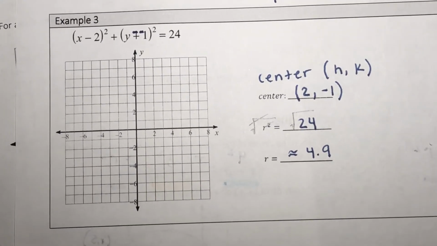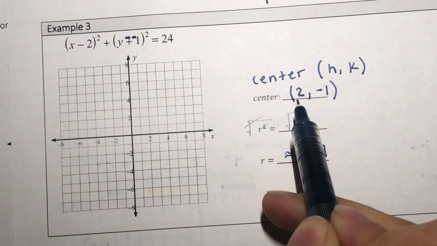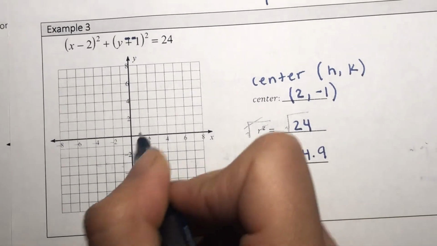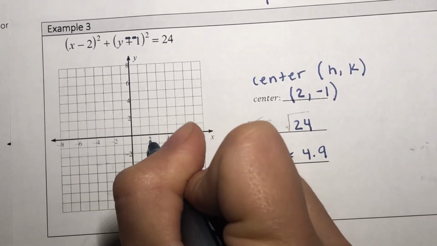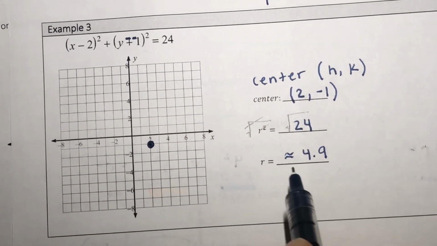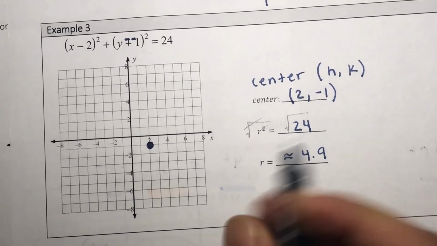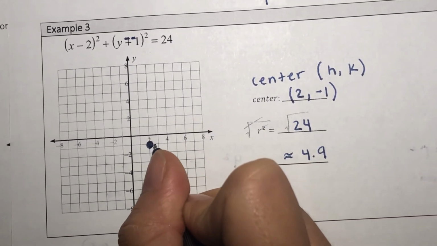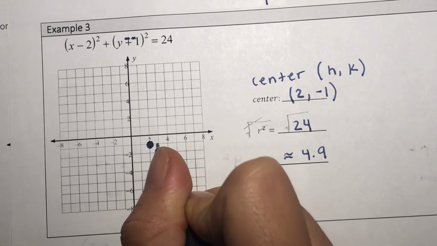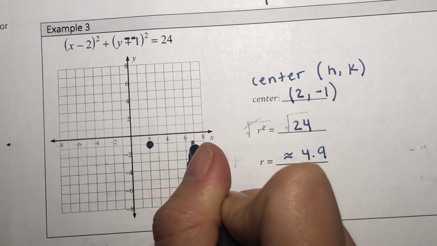So we're ready to graph the circle. Let's start with the center with coordinates 2 and -1. That means 2 to the right, 1 down. There's the center. Then the radius, that is 4.9. So we're going to move 4.9 units to the right. That's almost 5. 1, 2, 3, 4, almost 5.